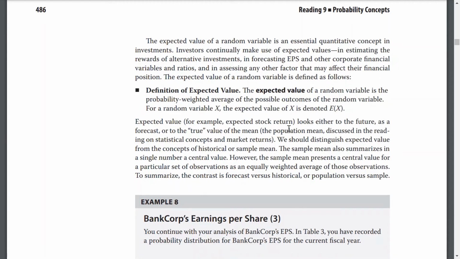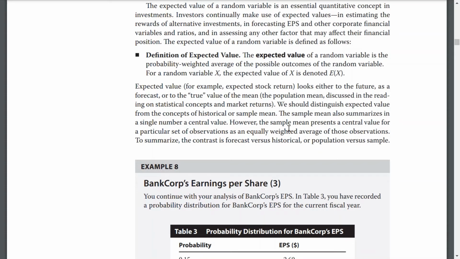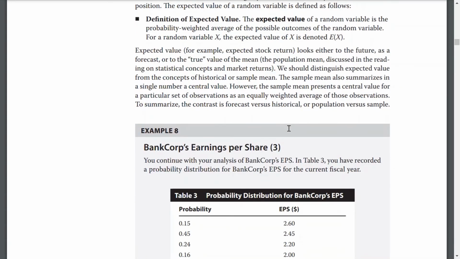The sample mean is also summarized in a single number for central value. However, the sample mean presents a central value for a particular set of observations as an equally weighted average of those observations. To summarize, the contrast is forecast versus historical, or population versus sample.